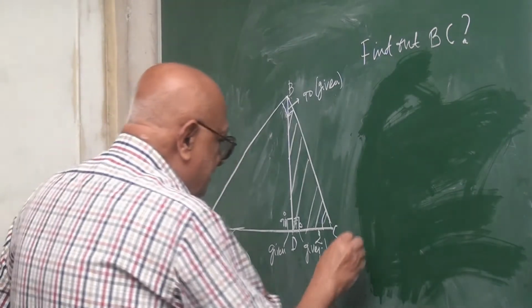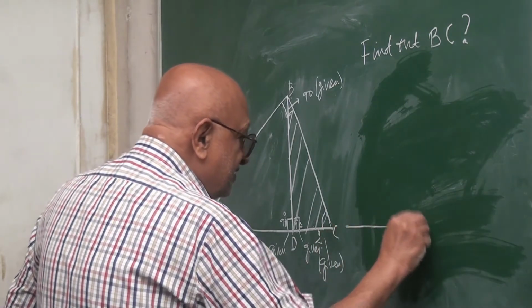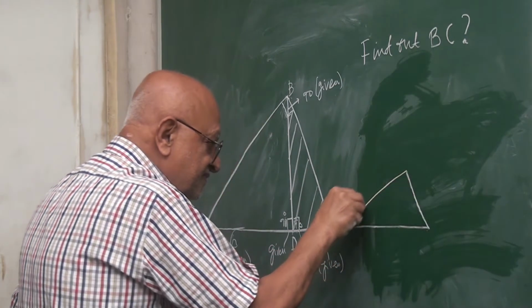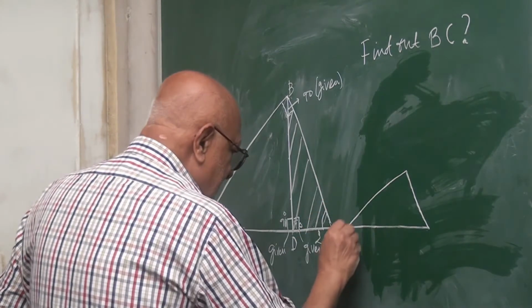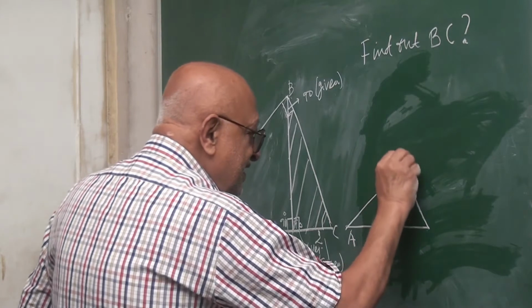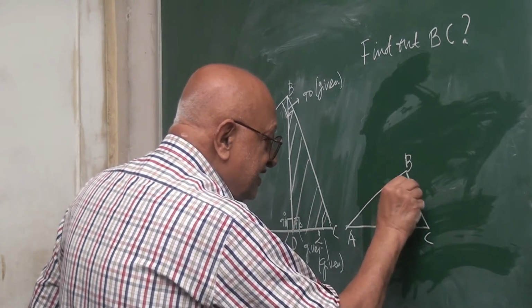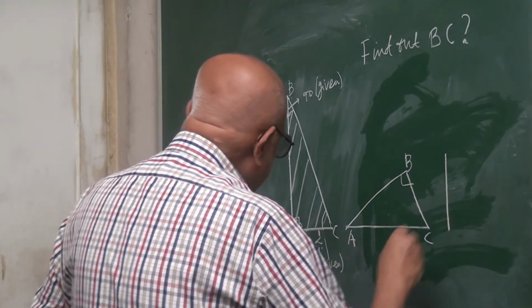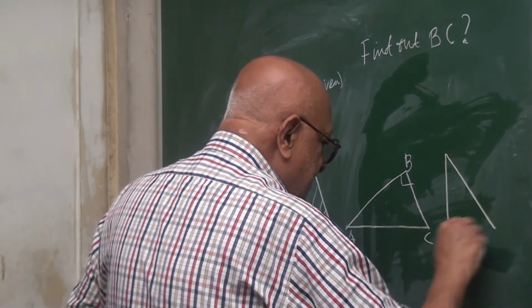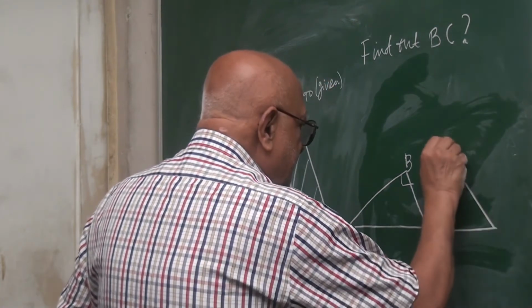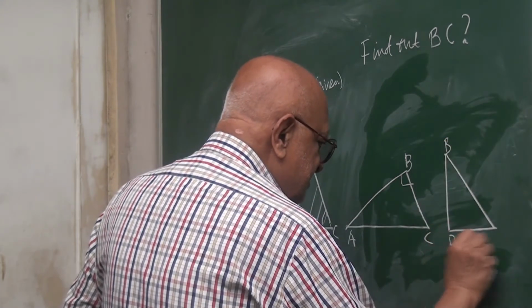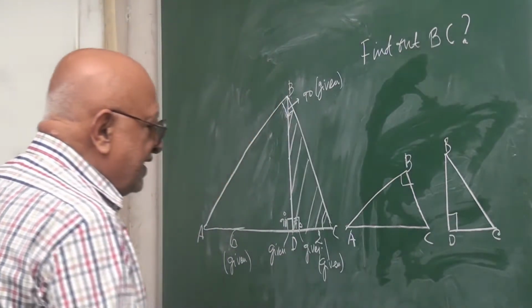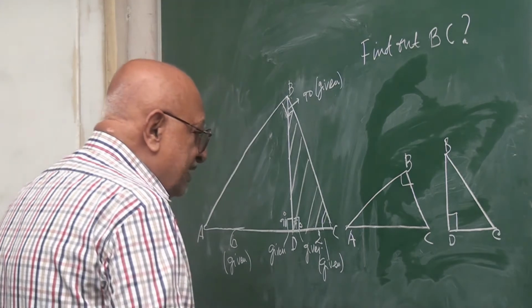So let me take out this triangle, ABC with 90 degrees here, and this triangle BDC.